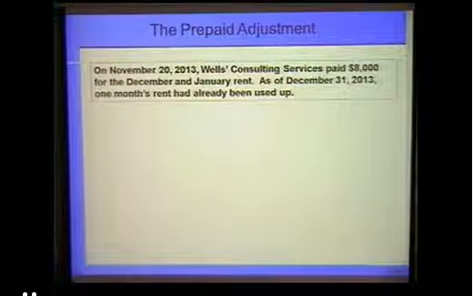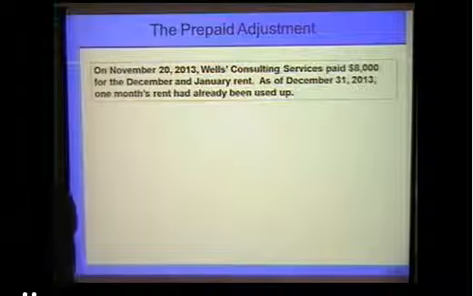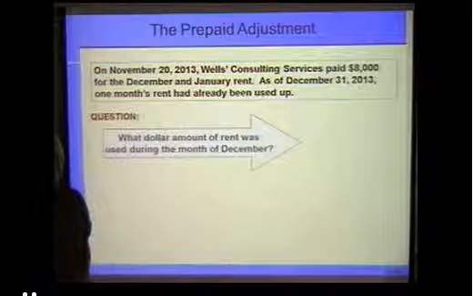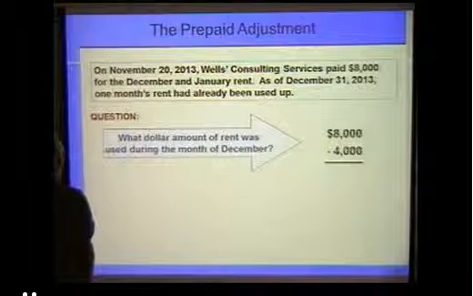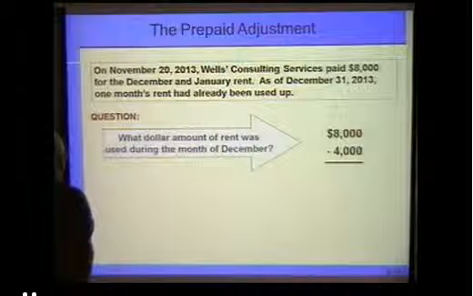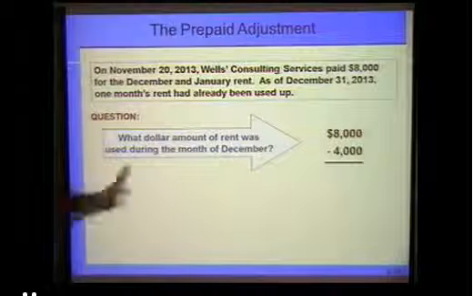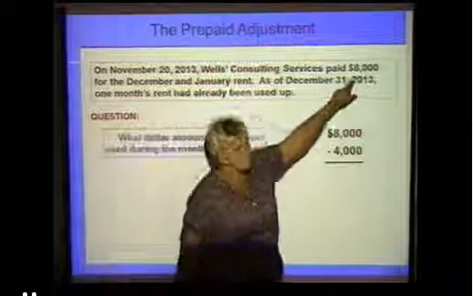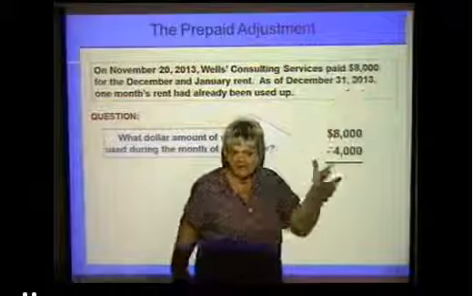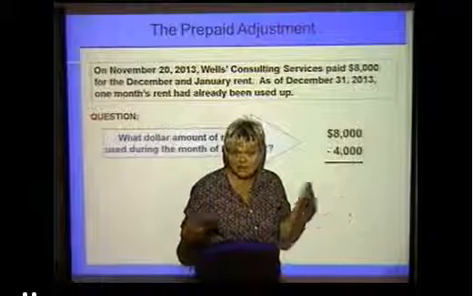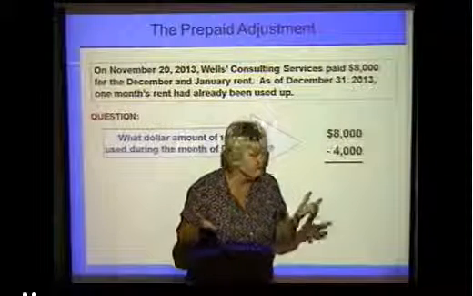So our prepaid amount is incorrect. It's showing the wrong amount. So we're going to fix it. If we paid 2 months' worth, and 2 months were $8,000, then 1 month is half that. That means it was $4,000 a month.